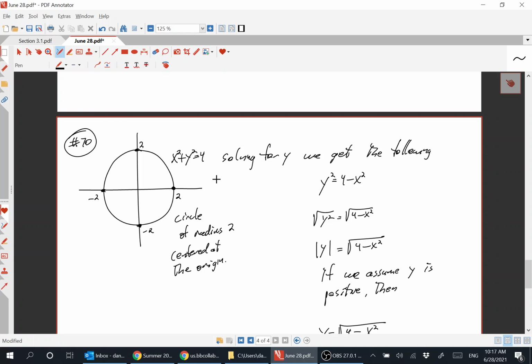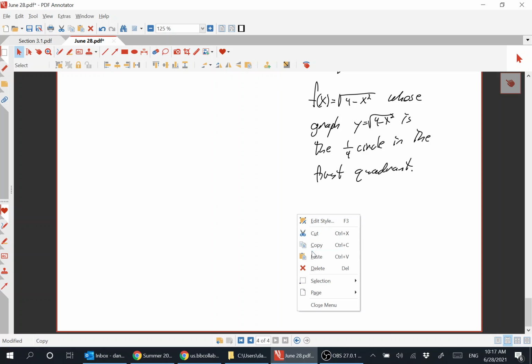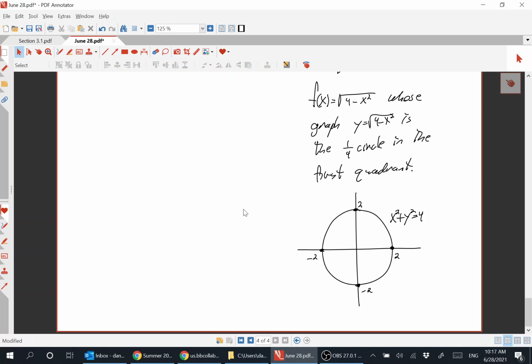So the graph is that. So this is y equals square root of 4 minus x squared.